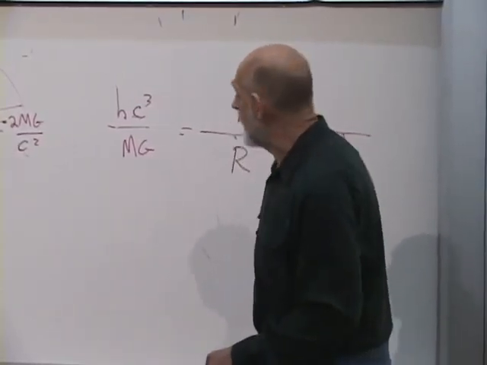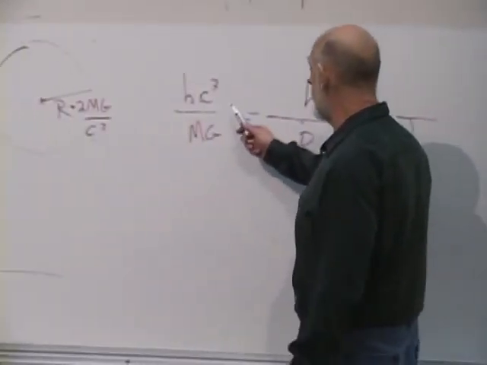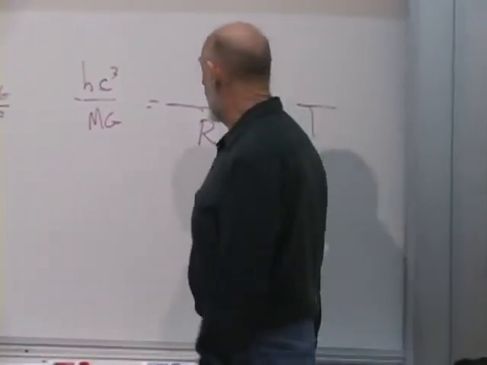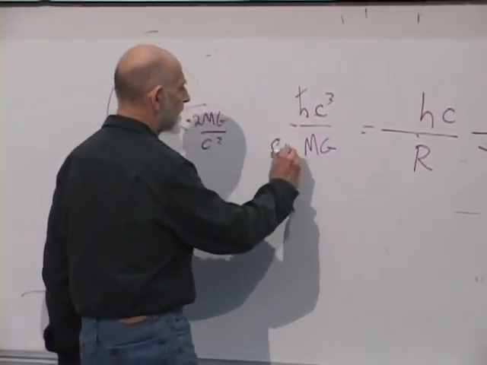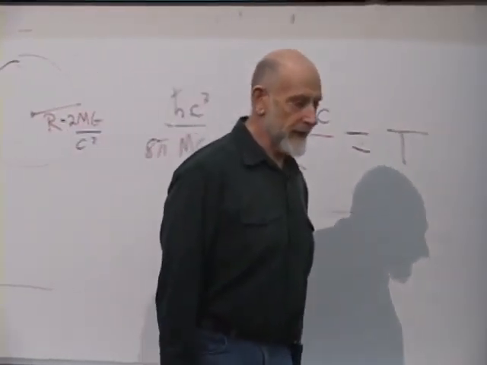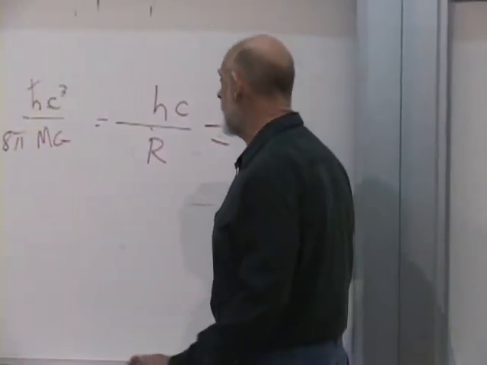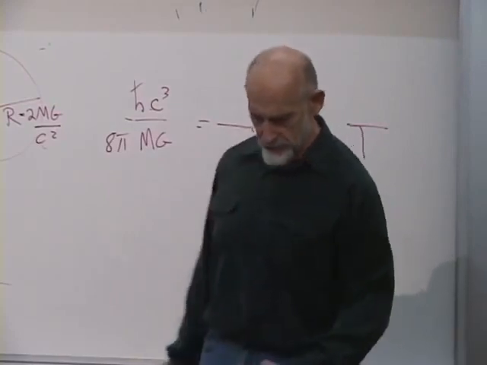We'll come to that odd consequence in a moment, but let's just keep track of it. This is the temperature of the black hole. I'll give you the right formula now. If I write it in terms of h bar, then I know the answer, and it's 8 pi. That's the actual correct answer. h bar times c cubed divided by 8 pi times mass times Newton's constant.